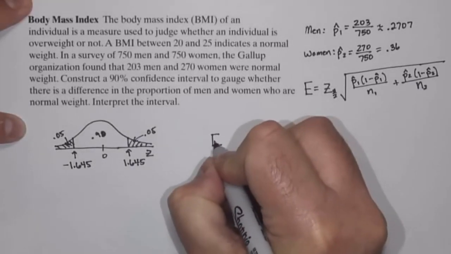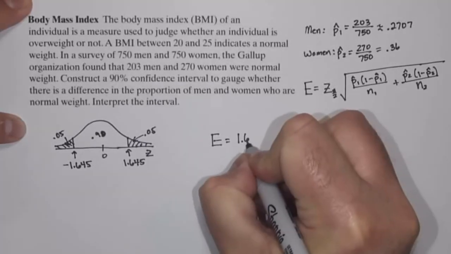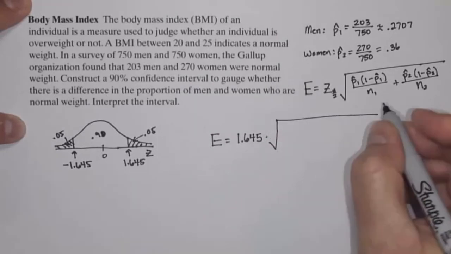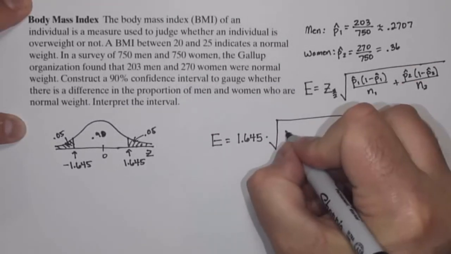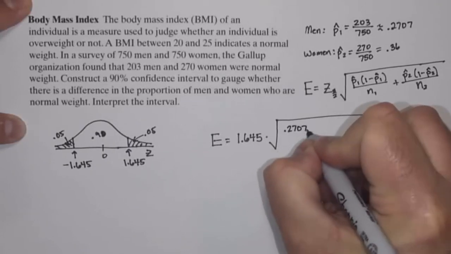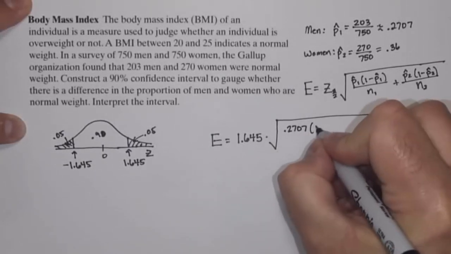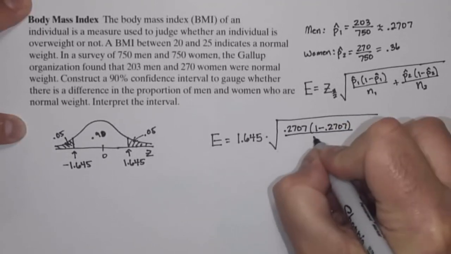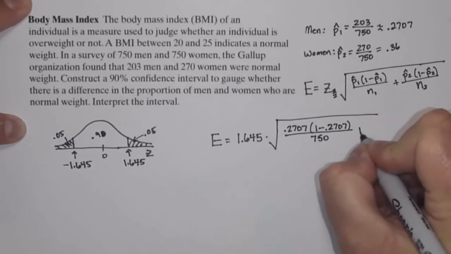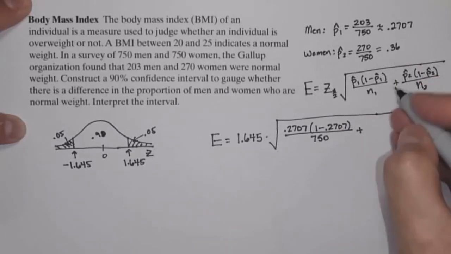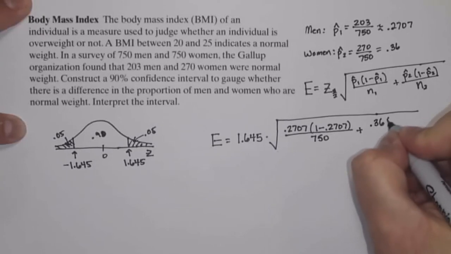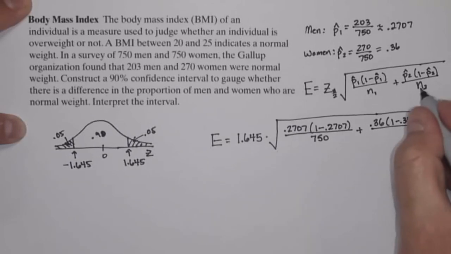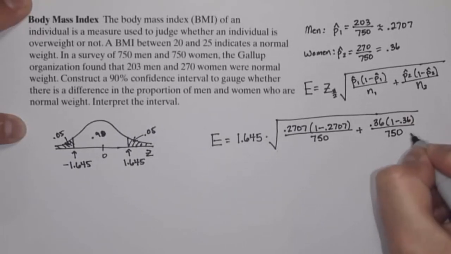So my margin of error is going to be 1.645, again that's my z sub alpha, times the square root of p hat 1, which is 0.2707, times 1 minus that, divided by the sample size, which was 750, plus p hat 2, that's 0.36, times 1 minus 0.36 divided by its sample size, which was also 750.